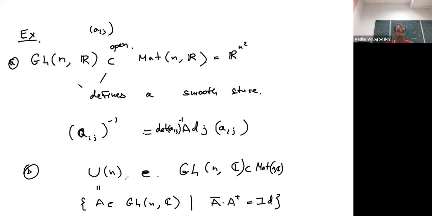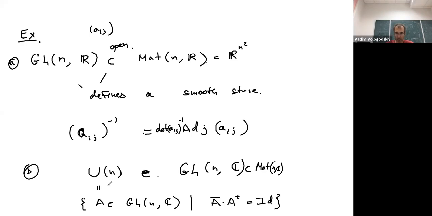Not any subset is a submanifold, so let's try to check this. I want to define a smooth structure on U(n) by declaring that a continuous function on U(n) is smooth if and only if it's a restriction of a smooth function on GL(n).